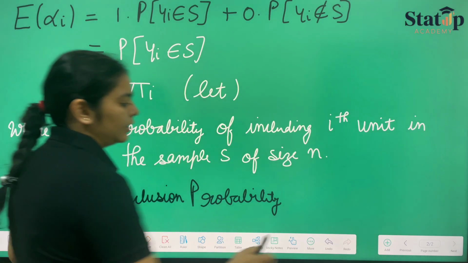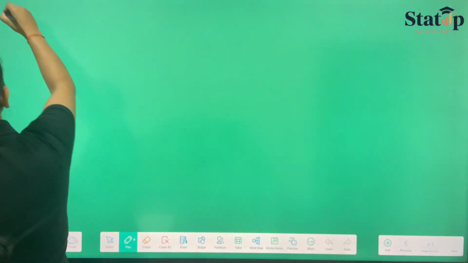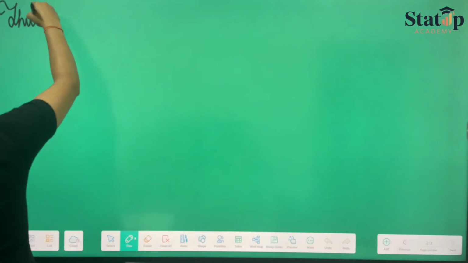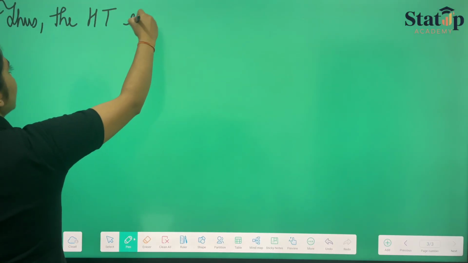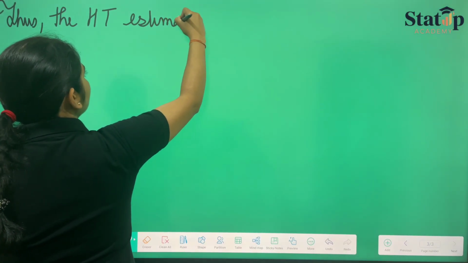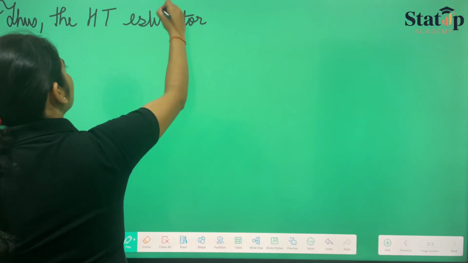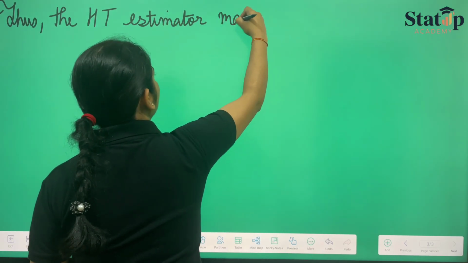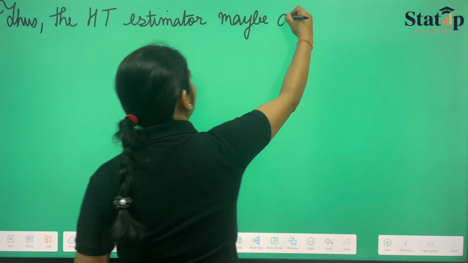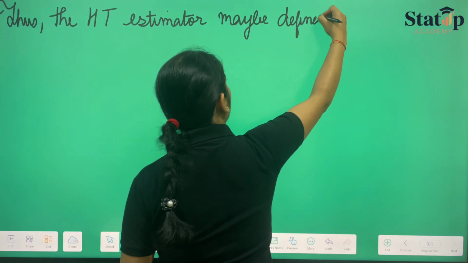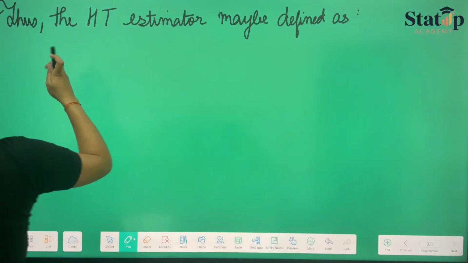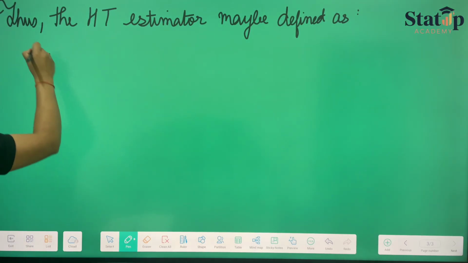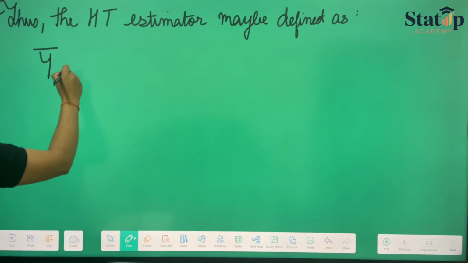Now we can define the Horvitz Thompson estimator, which we can denote by y bar HT.